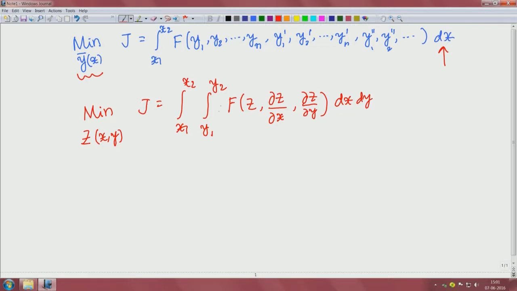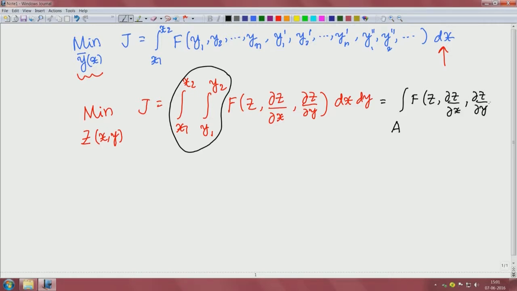So, this particular thing I can also write as an integral over some area, with my integrand f of z, dou z by dou x, dou z by dou y, and I write dA.